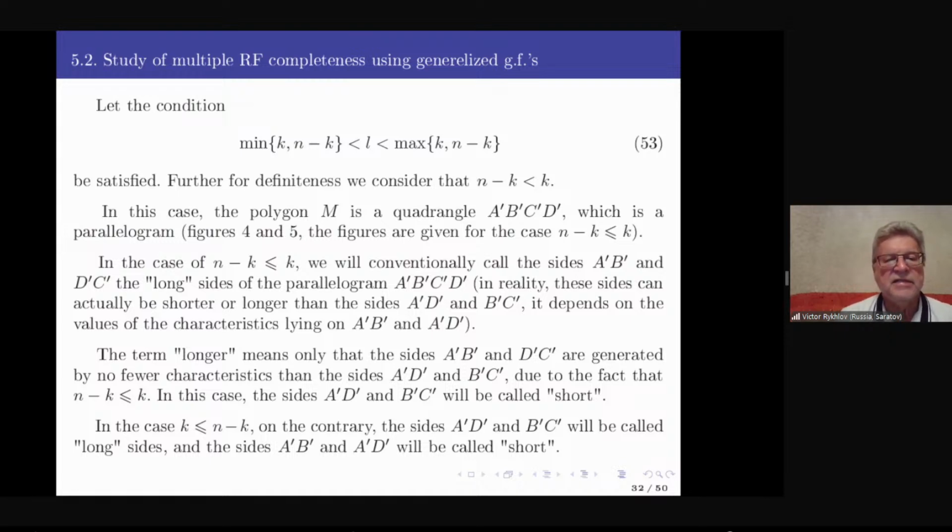In this case, the polygon M is a quadrangle A prime, B prime, C prime, D prime, which is a parallelogram, figures 4 and 5. The figures are given for the case n minus k less than or equal to k.